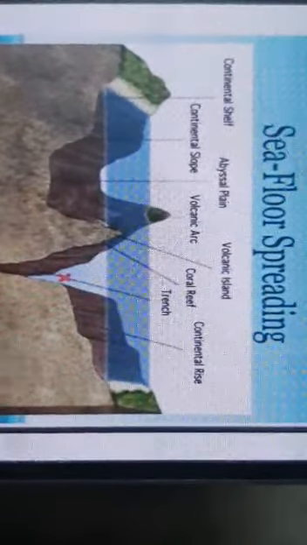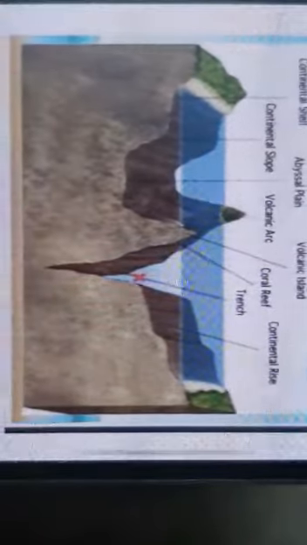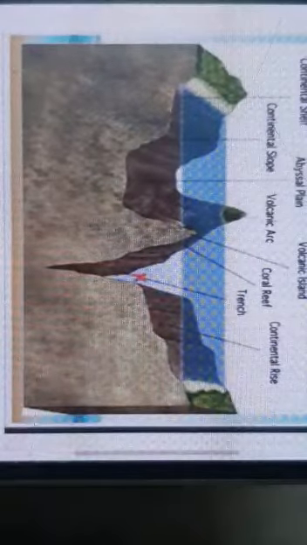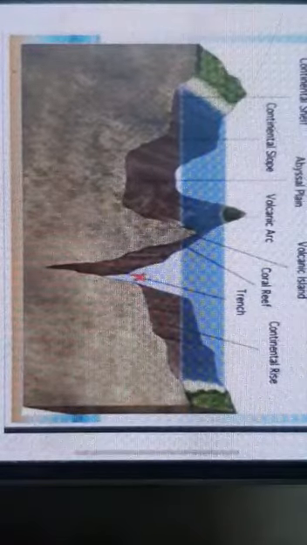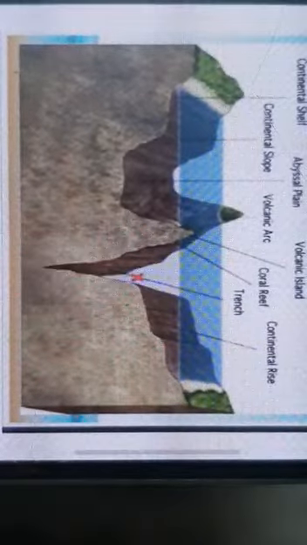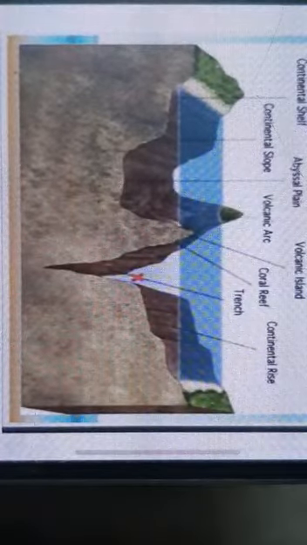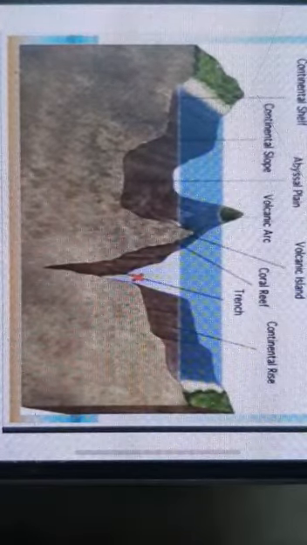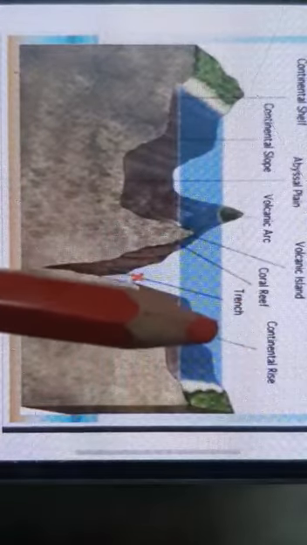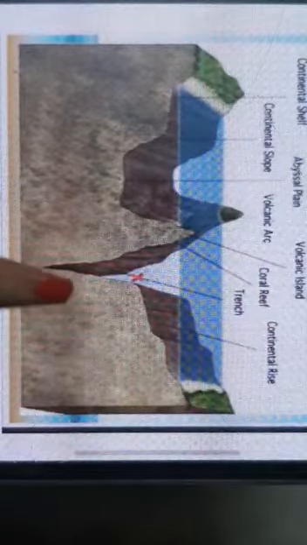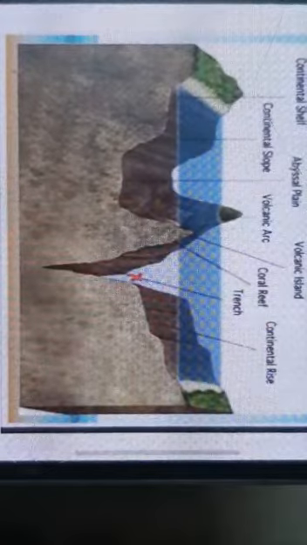The most important feature is the trenches. These trenches are important because they give great significance to seafloor spreading.